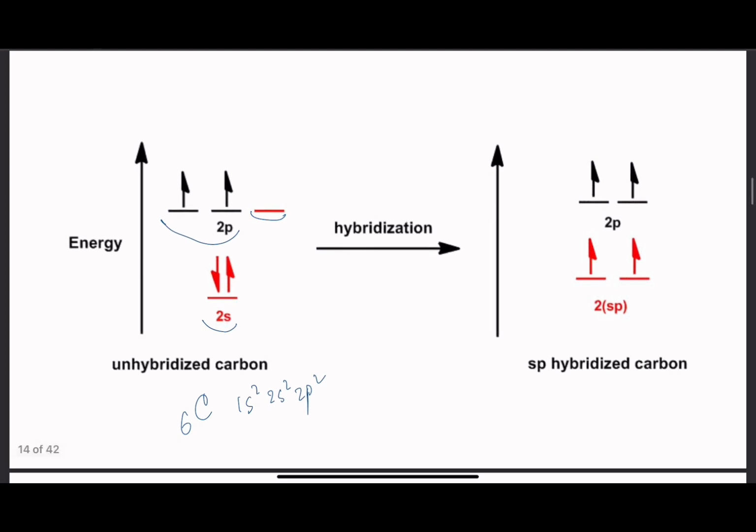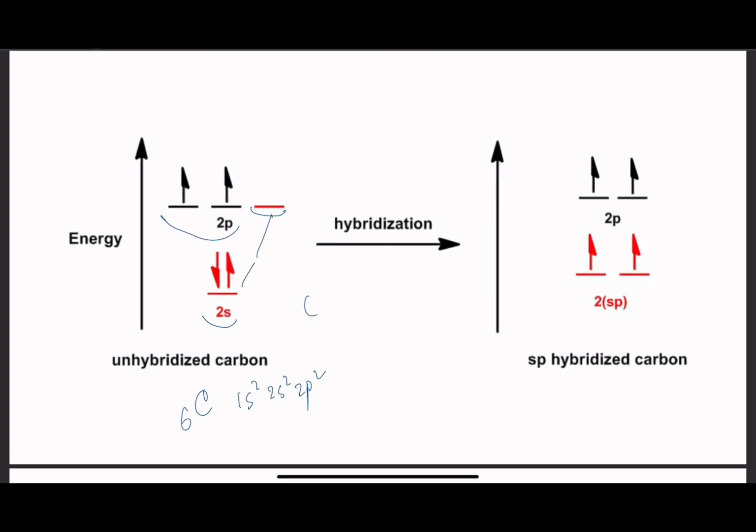So here I combine this and this, so I combined 1s and 1p, and I made a new orbital, but this time sp, and this time I have only 2 orbitals. You see, so I can make 2 sigma bonds. And in here, as you can see, I got 2p, so I can make 2 pi bonds.